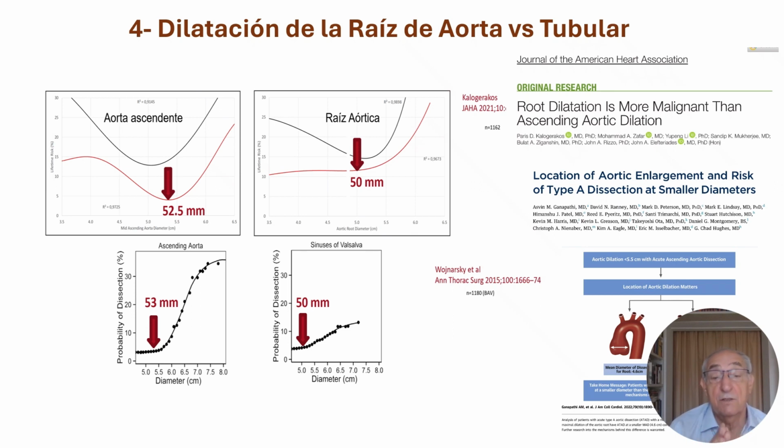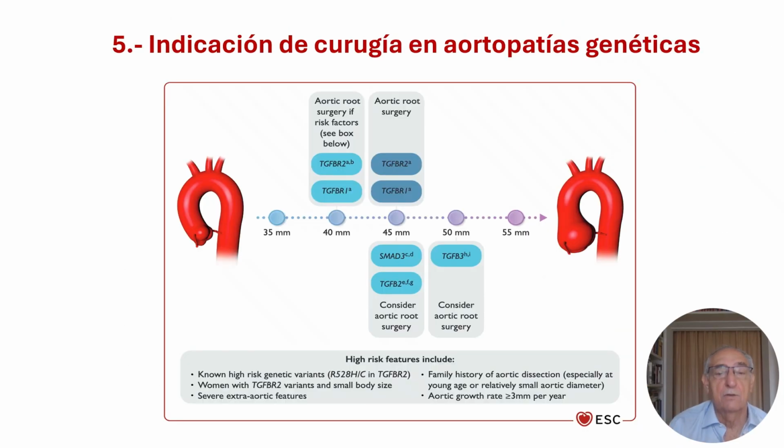And these risks in these series indicate 55 for the root, and starting from 52 to 53 for the tubular section. We are in a phase where the numbers, depending on the series, the pathology that has been included, and the patient's profile, produce different results.